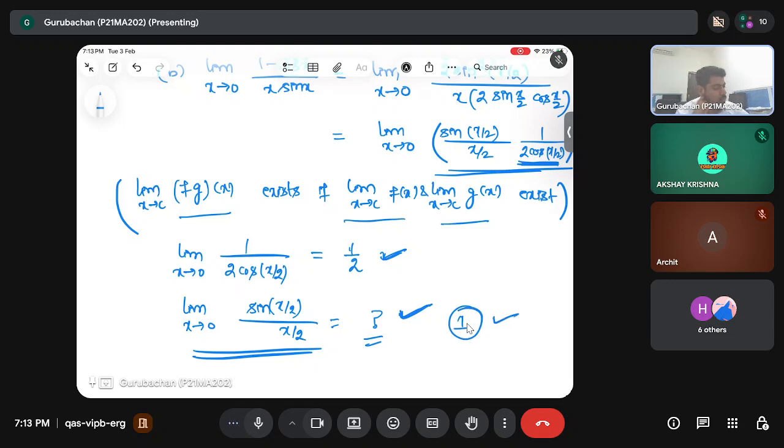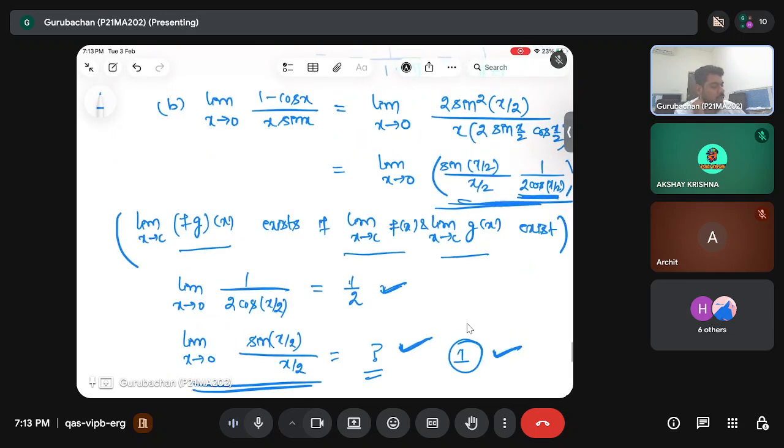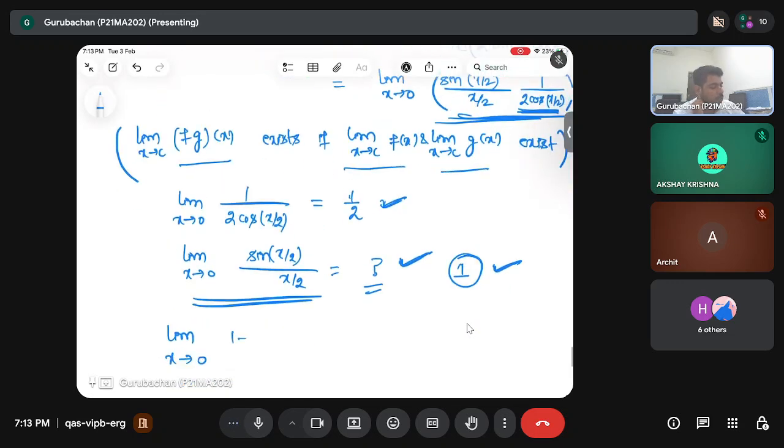You have to think about why, and I am proceeding with this one. If both the limits exist, then the product limit will also exist, and (1 minus cos x) divided by x sin x is nothing but 1 into 1 by 2, that is 1 by 2. You have to think about why it is 1.